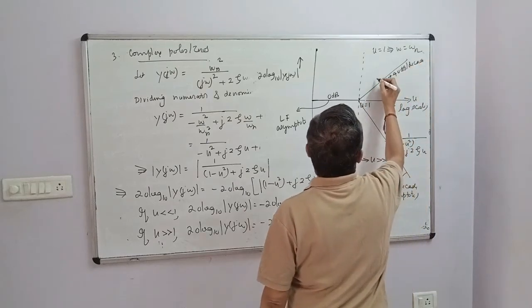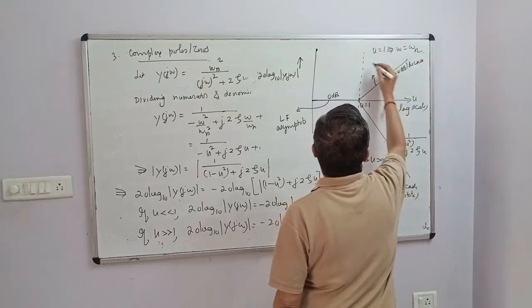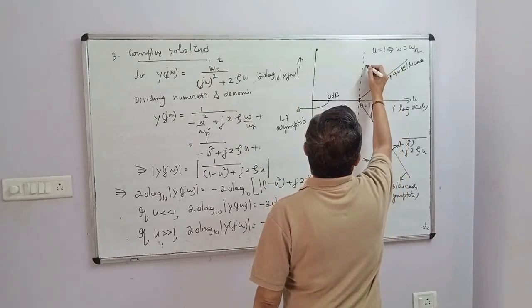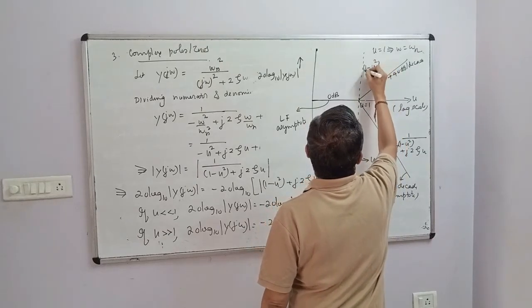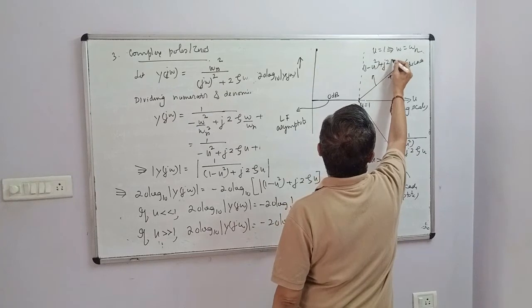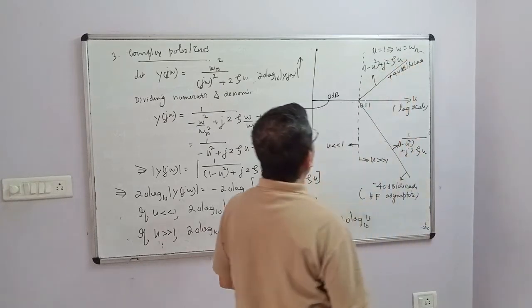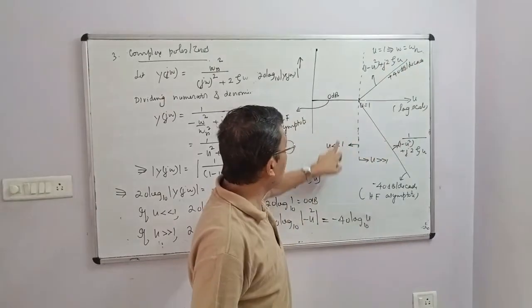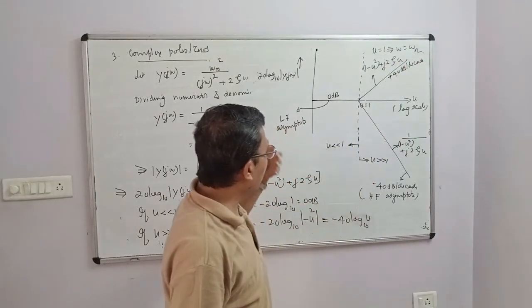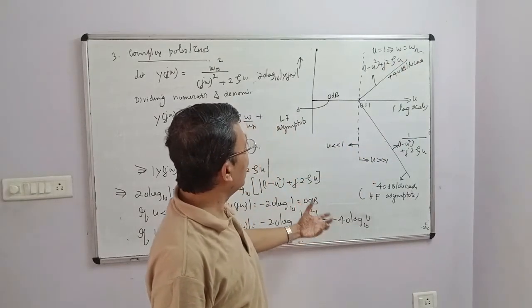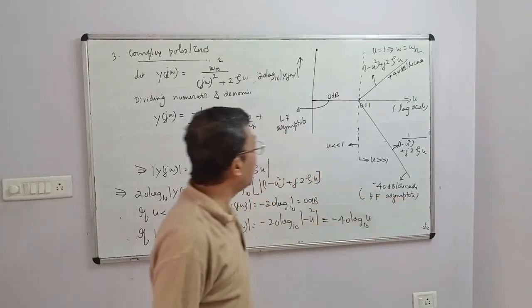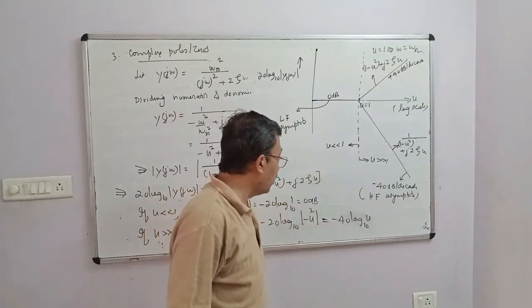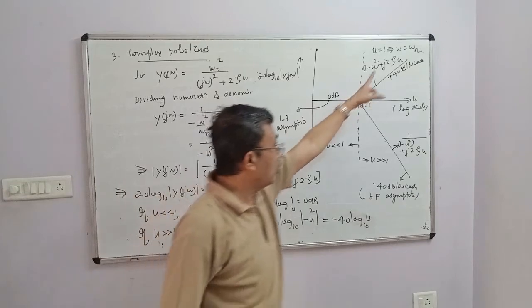And this straight line is for 1 minus u square plus j times 2 times zeta into u. A quadratic 0 will change the slope by plus 40 for u greater than 1. A quadratic pole will change the slope by minus 40 decibels per decade for u very much greater than 1. Here the corner frequency is omega n.